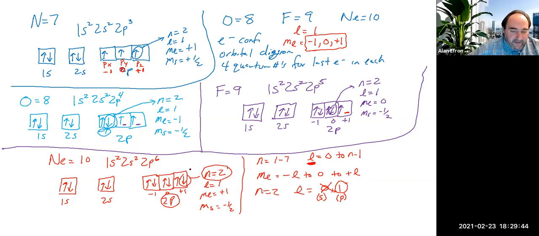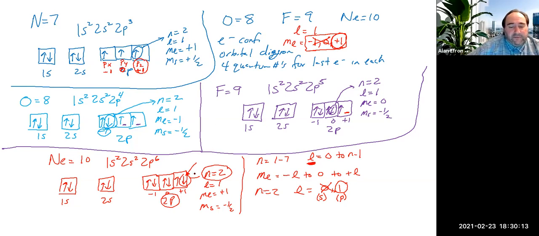So when we're talking about this electron, we see that the electron is in the very last orbital, which is a pz orbital. And the value that represents a pz orbital out of all 3 of these is this value right here. So that's why we would choose that one, and not the other two, because the other two would imply that the electron is hanging out in one of the other two orbitals.